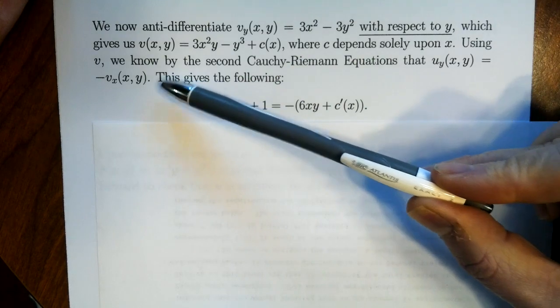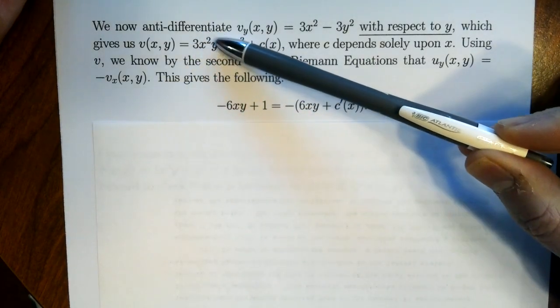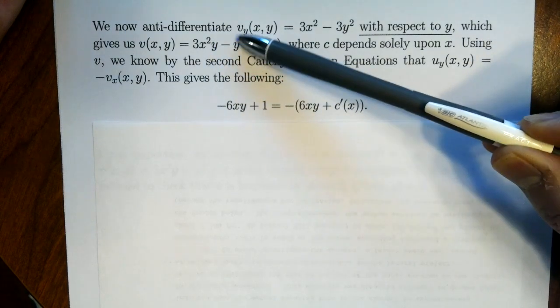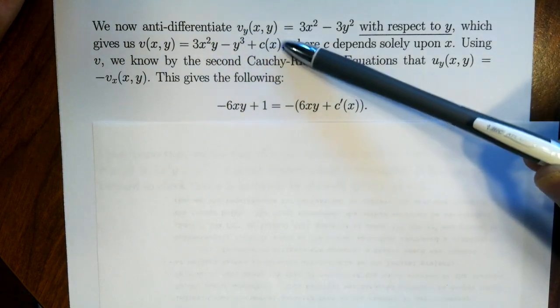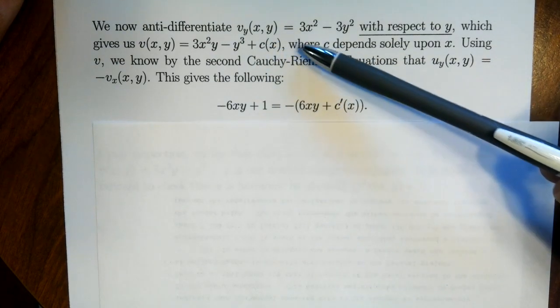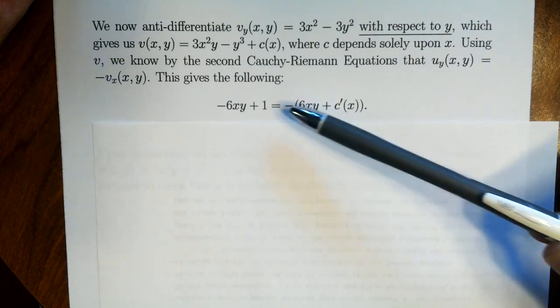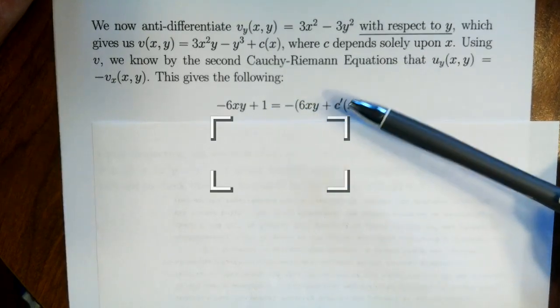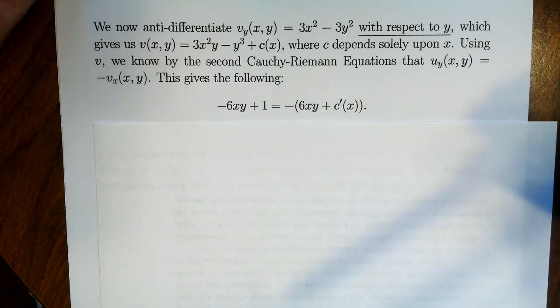If we take minus the partial of v with respect to x, we would get minus 6xy here, we would get a 0 here when we take the derivative with respect to x, and we would get minus c prime of x when we take the derivative of this with respect to x. Notice how the two sides match, and that will be the case if you've done your work correctly. And so this tells us that c prime of x has to equal negative 1.